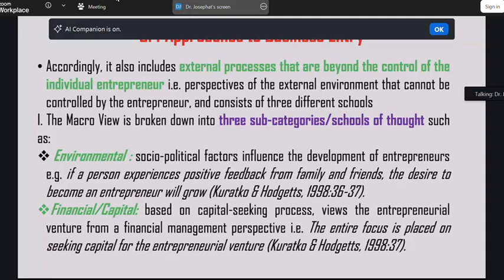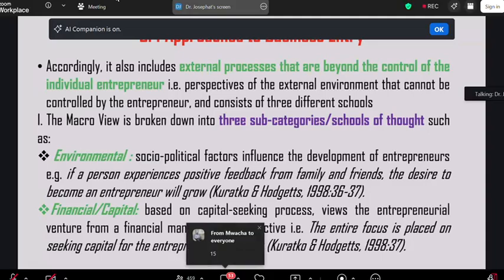Ya kwanza ni environmental factors. Kwenye environmental hapa tunaongelea social political factors which influence the development of entrepreneurship. Mojawapo ikiwa if a person experiences positive feedback from family and friends, the desire to become entrepreneurial will grow. Hapo tunaongelea social political factor.